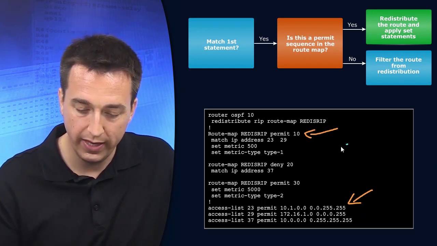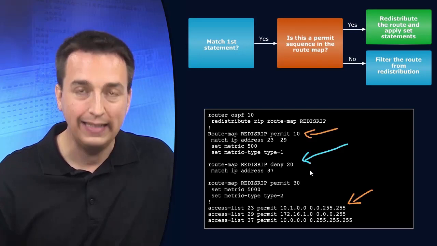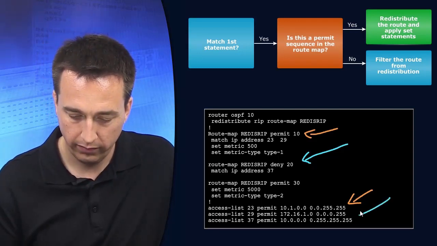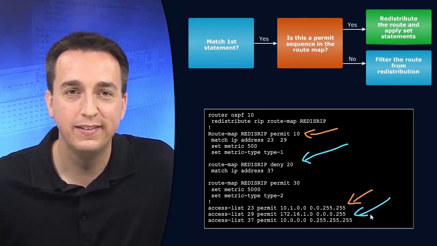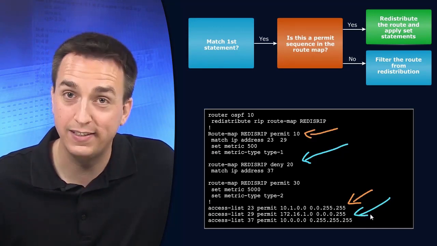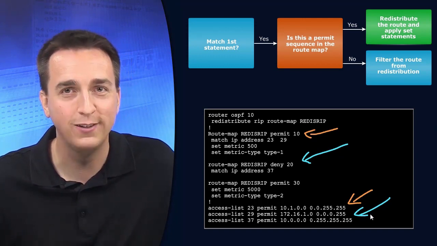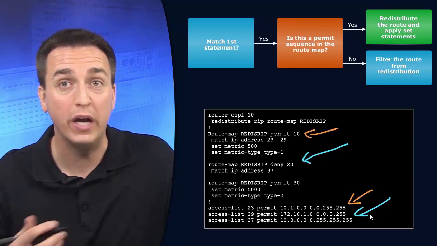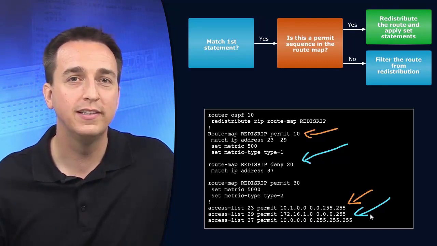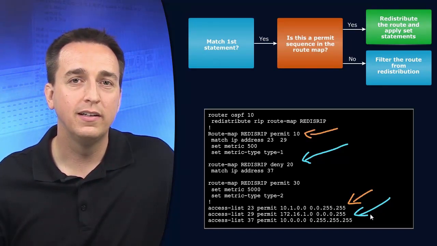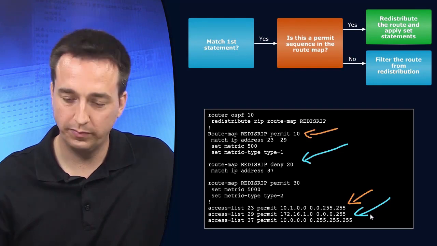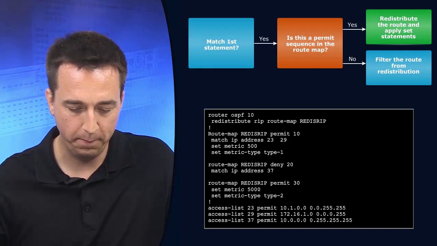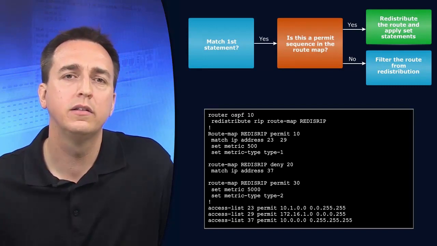Then this is processed, and anything outside of that range gets denied, meaning not redistributed. So that's why the order of operations is important here, and we understand how the flow works. So this works perfectly.